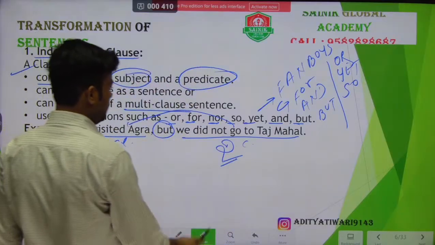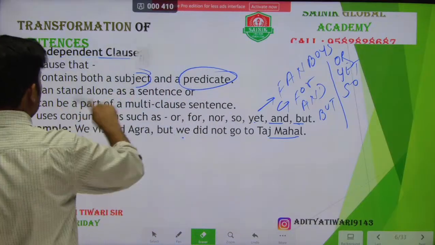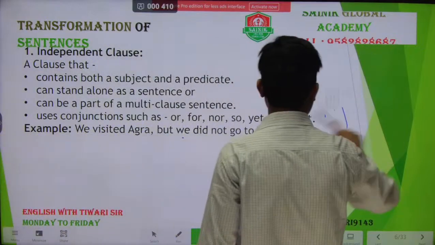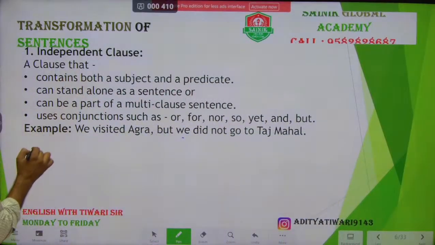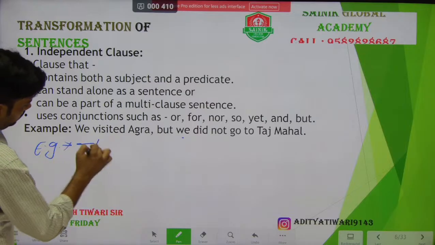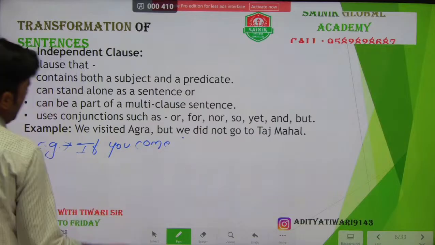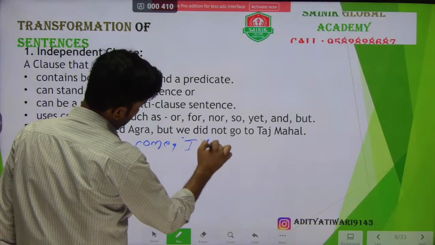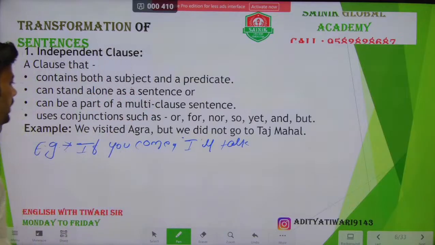One more example. In a simple way, here I am going to teach you some more sentences. If you come, then I will talk. Now see, how many sentences are here?